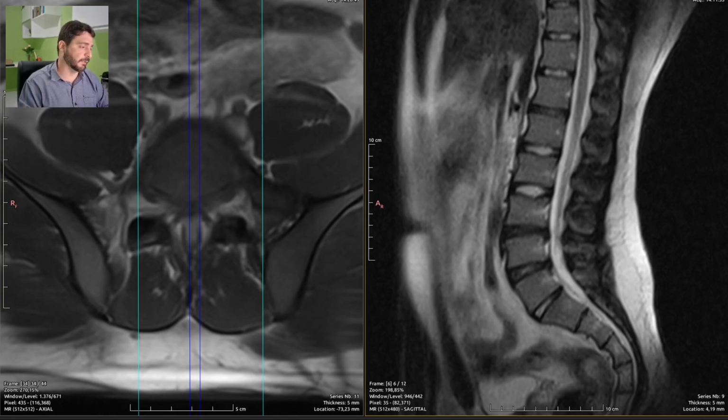Let's summarize the report. Just extruded discs and a transitional vertebra.